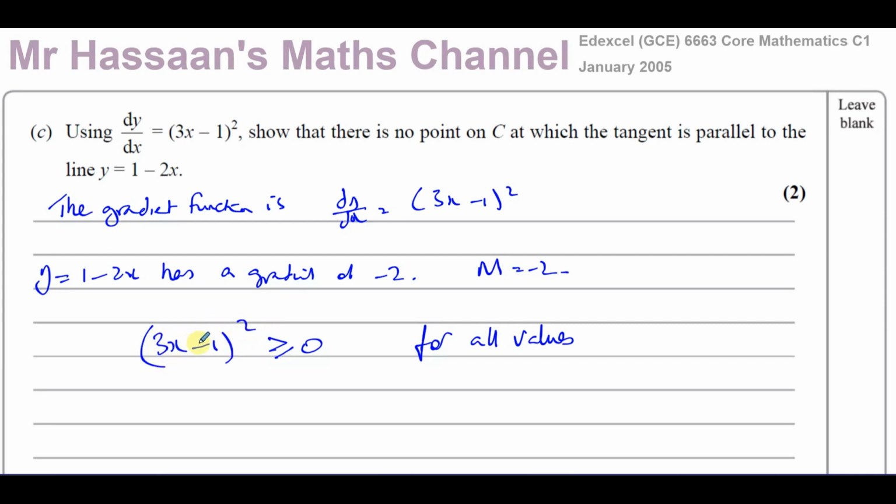So this expression will always be greater than or equal to 0 for all values of x. Therefore, we can say (3x minus 1) squared can never equal negative 2. It's not equal to negative 2 for any value of x. There's no value of x which will make this true.